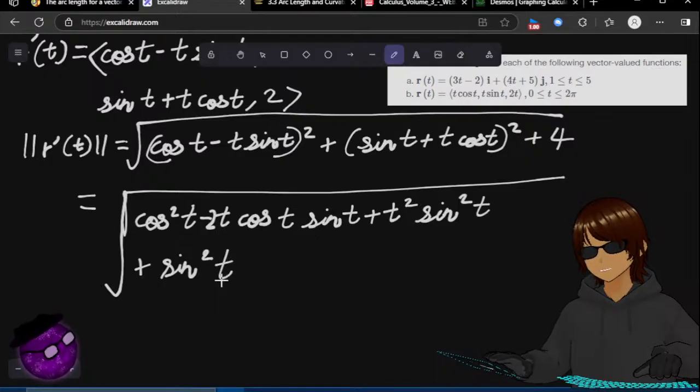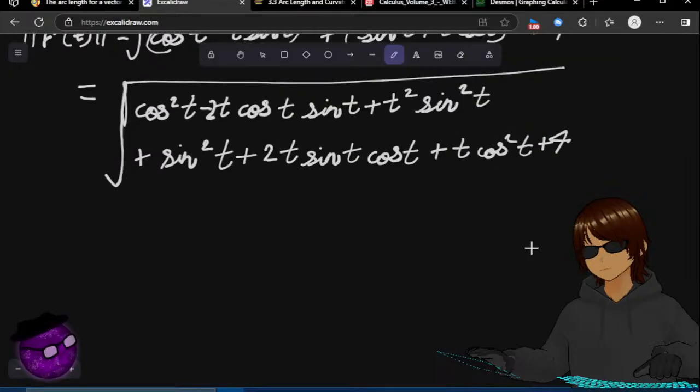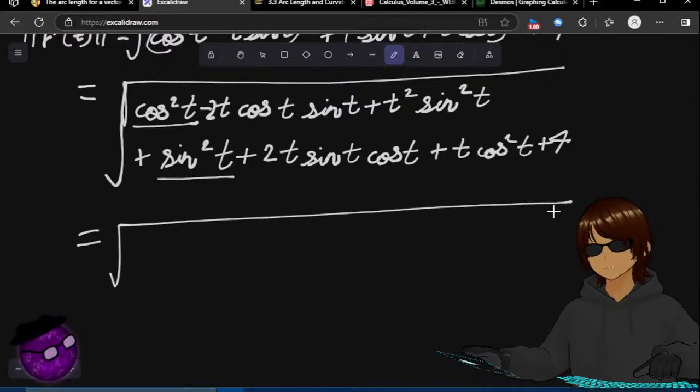Plus this, and then where do we go from here? So we have this and this, which is just 1, and then we can add it here to make it 5, right?